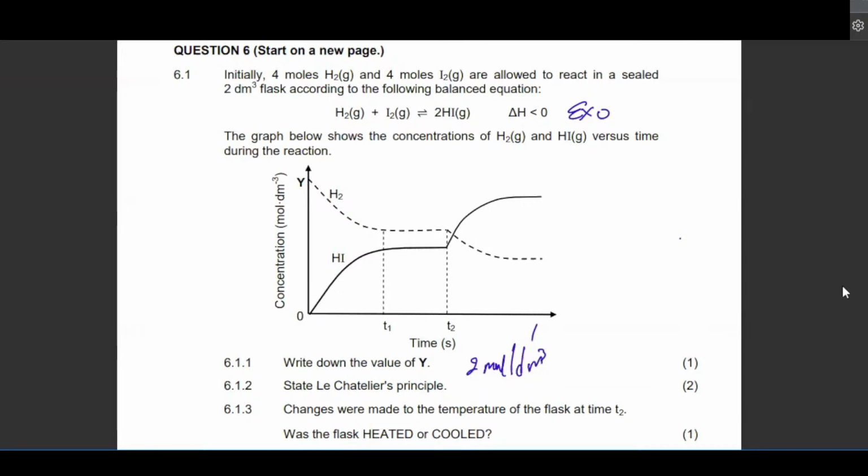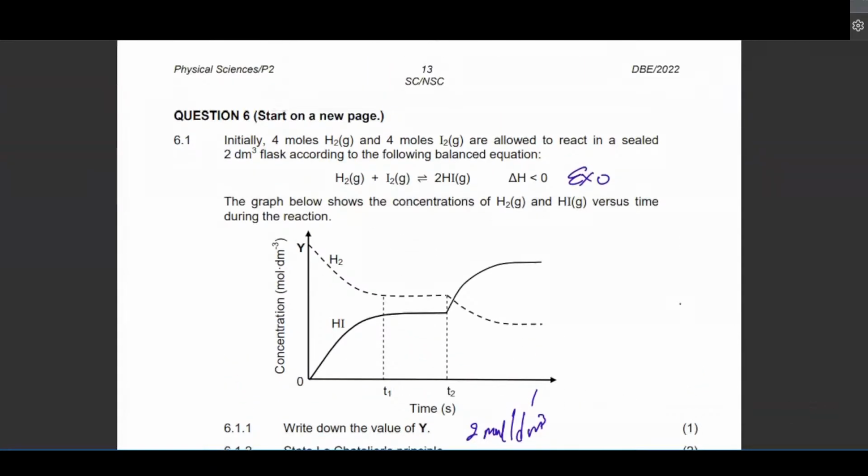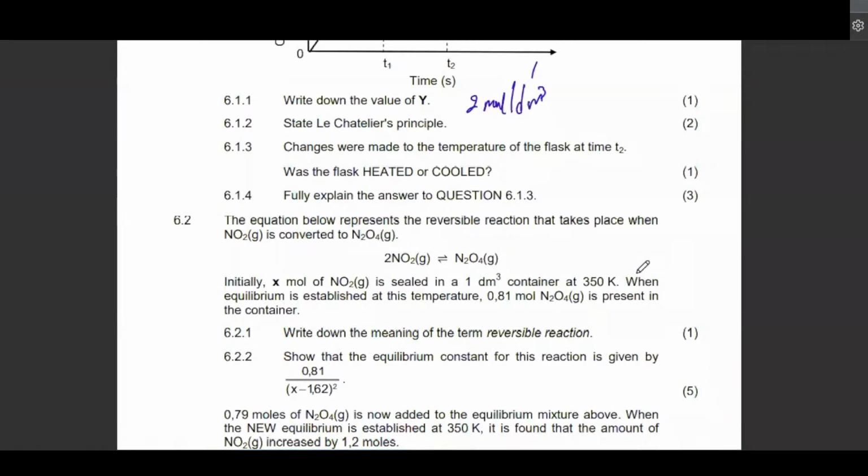So how you can say it, let me just state it for you: when equilibrium in a closed system is established, the system will reinstate a new equilibrium by favoring the reaction that will cancel or oppose the disturbance. You can say cancel or oppose the disturbance. So basically, that's what you're supposed to talk about.